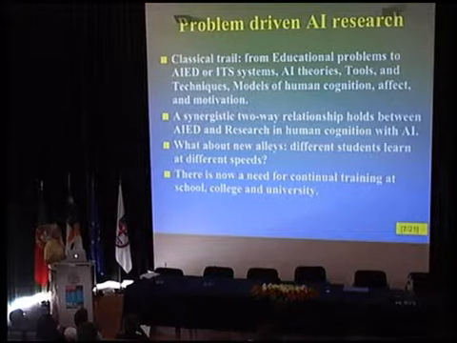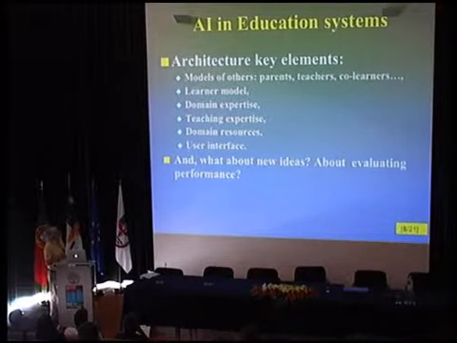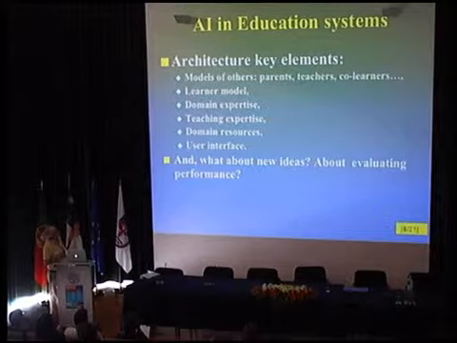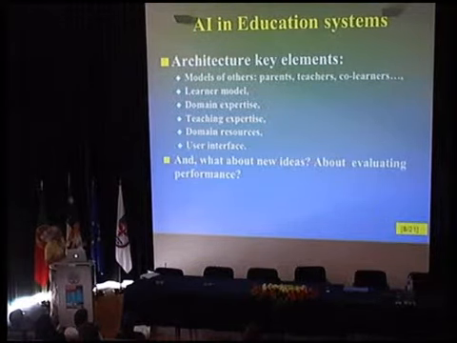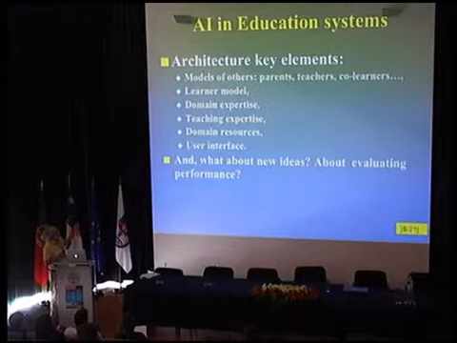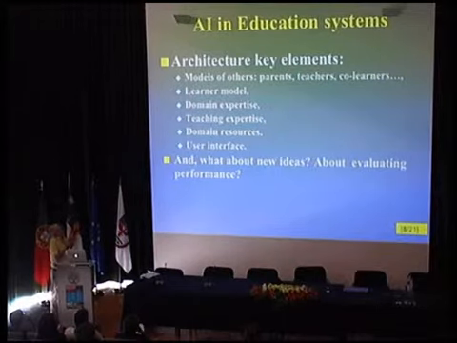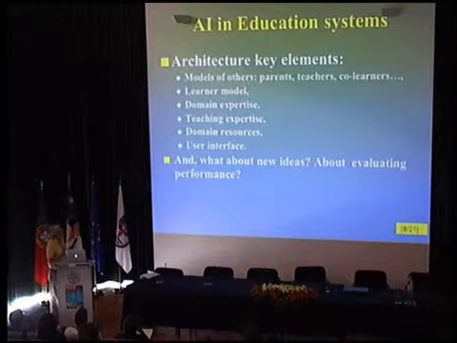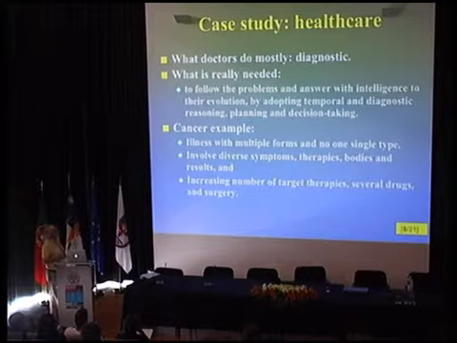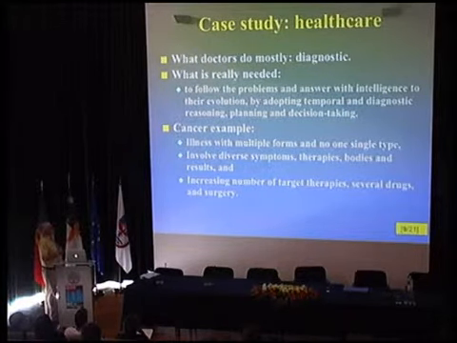And also we look to the elements that are associated with technological solutions and tutoring systems as an example. And we find models, we find expertise, we find interfaces, we find domain resources to build up strong systems.